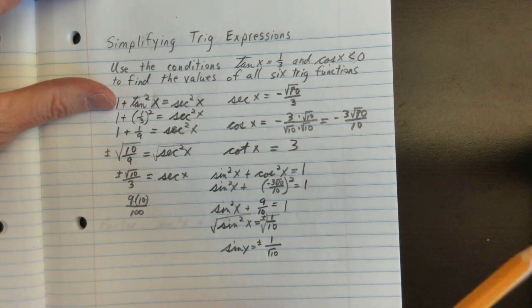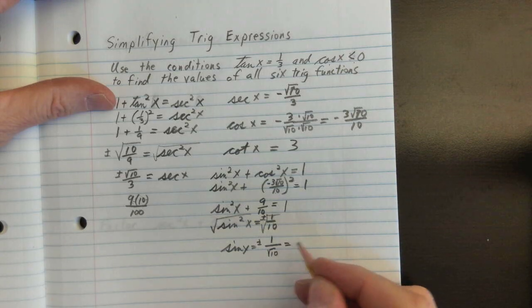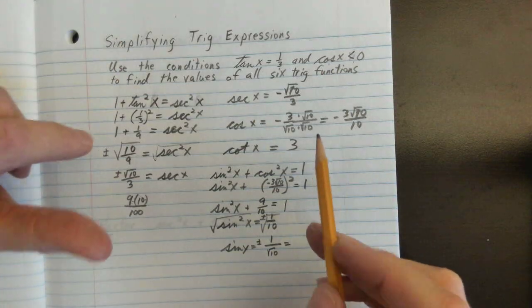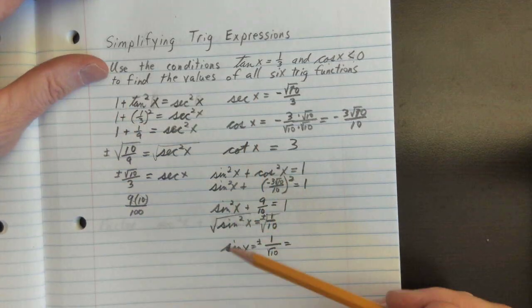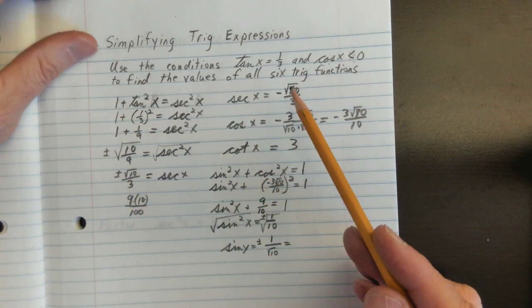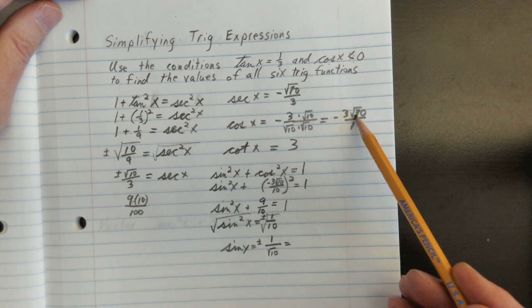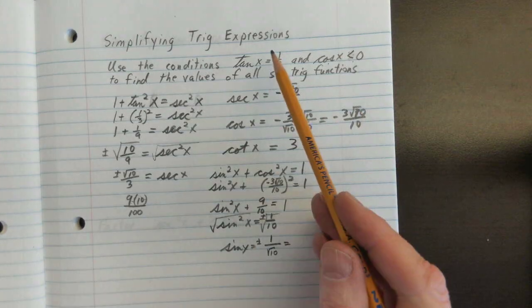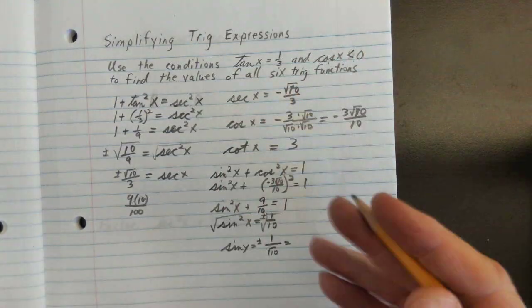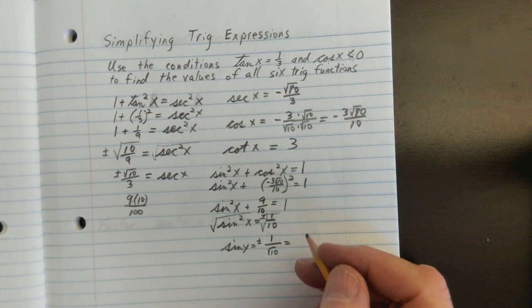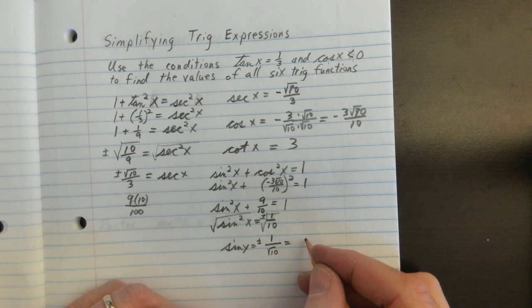And we know it's going to have to be the negative one. We know that because sine over cosine is tangent. And if cosine's negative, then sine's got to be negative because the tangent is positive. We probably could have done it a little easier just using the ratio, but you have choices here.